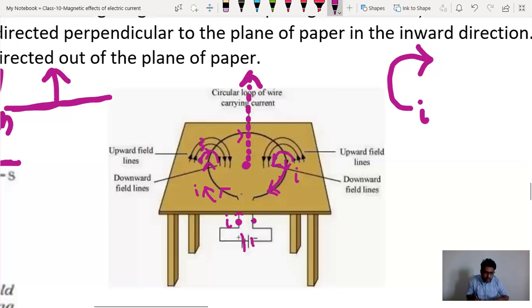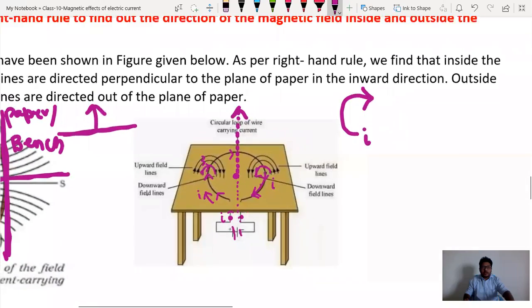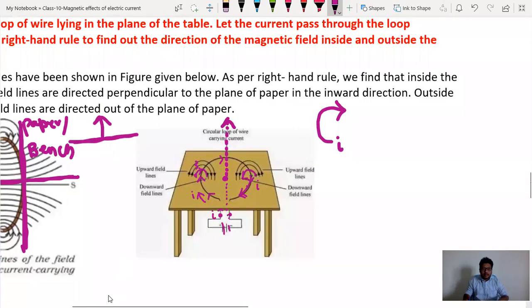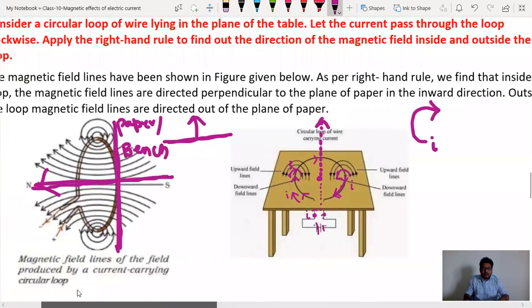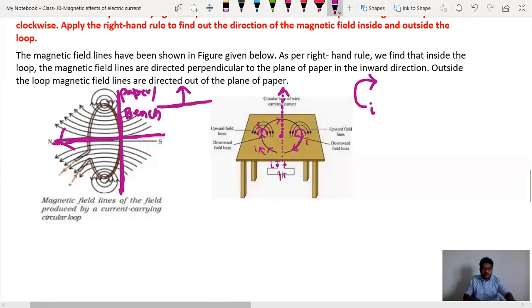So coming to the magnetic field line which is in the middle, in which direction should it be? Like this, downwards. So all these you need to analyze, and while writing the answer, these points should be present.